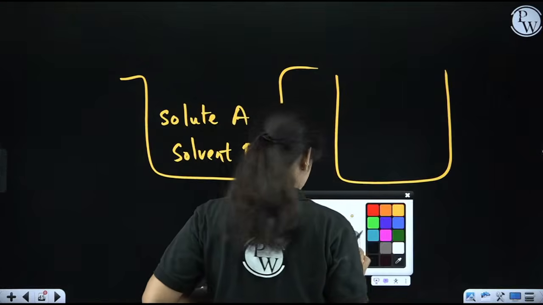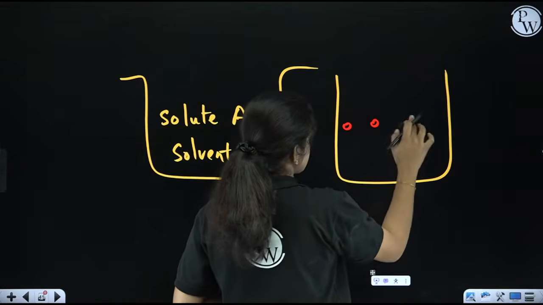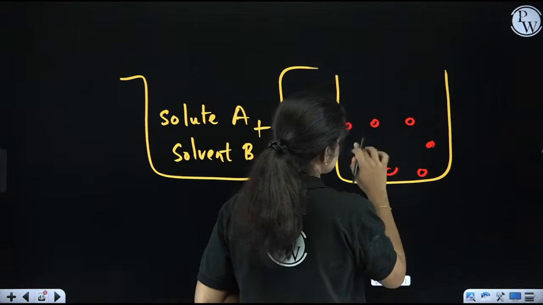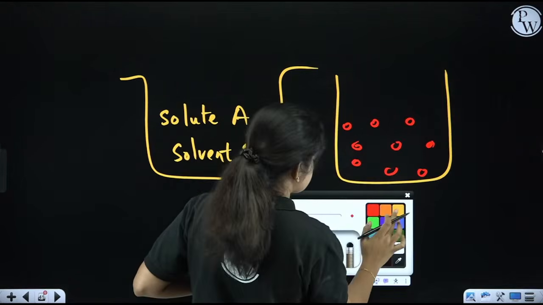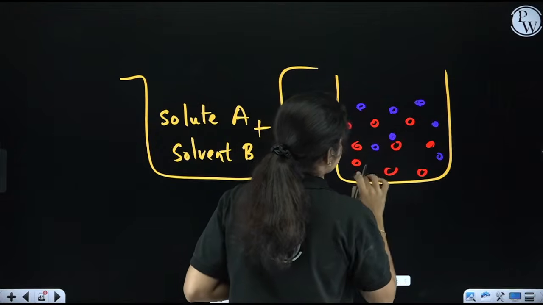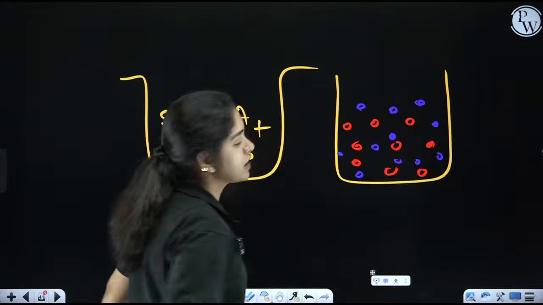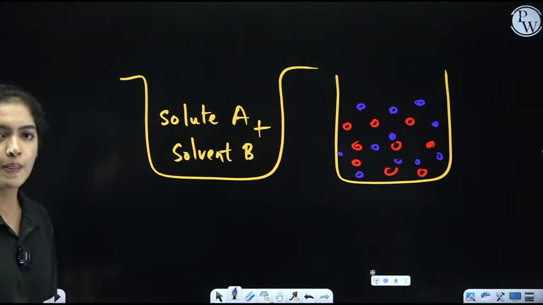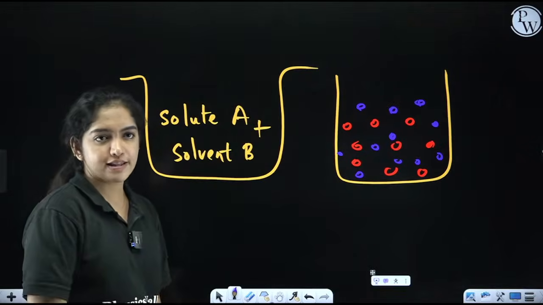We can mark red as solute and blue as solvent, so two types of molecules are there.